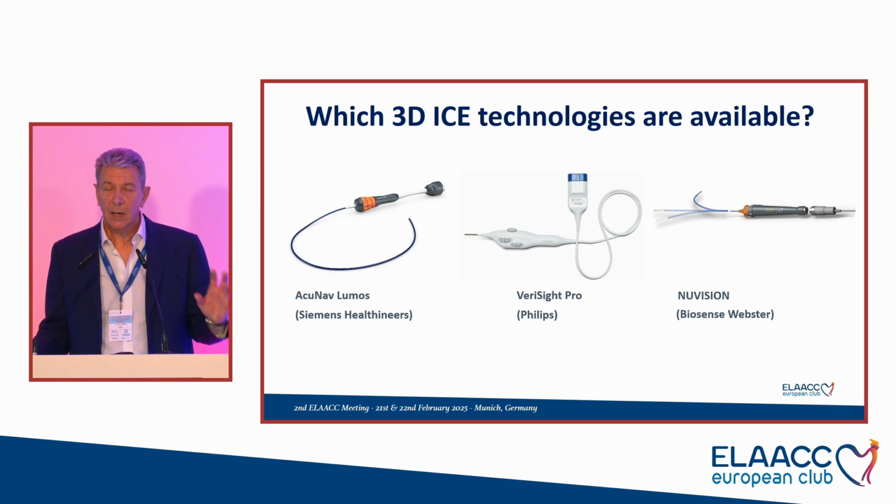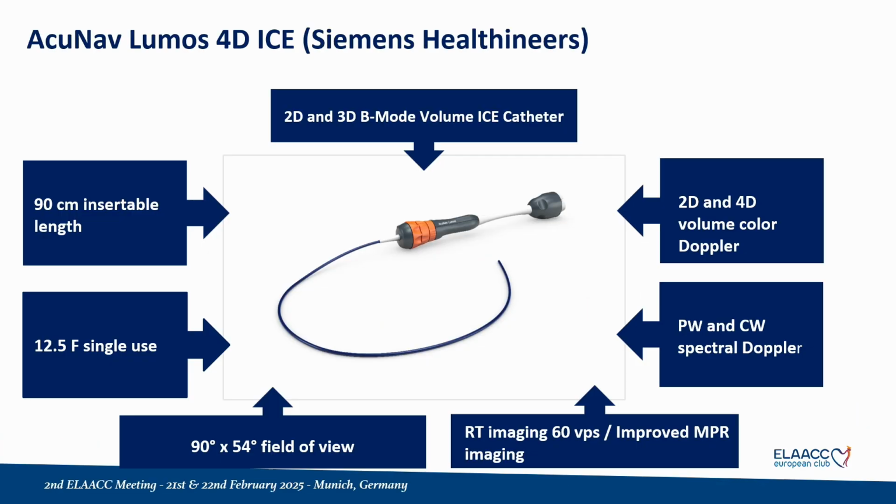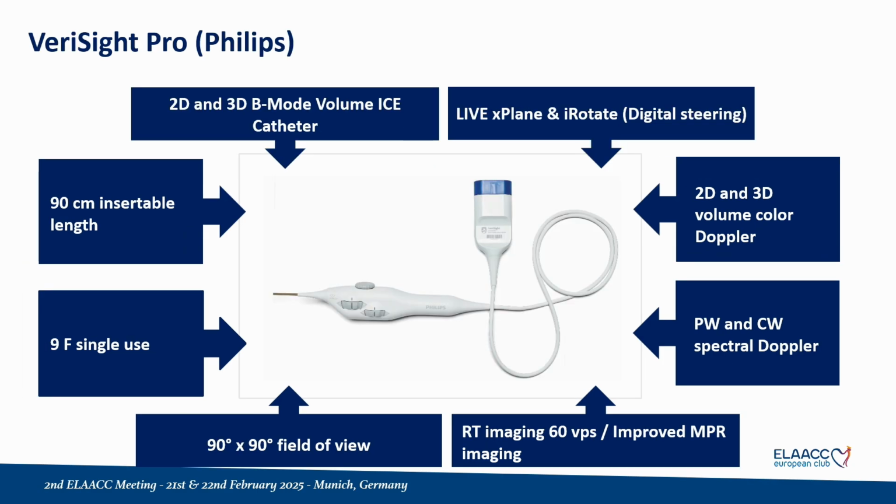Some technical aspects of these new devices. Lumos is a 12.5 French single-use device. The volume of acquisition is 90 by 54, and the high resolution of the imaging in 3D is very, very good, with technical features like 2D and 3D volume color Doppler, PW and CW, and MPR real-time reconstruction.